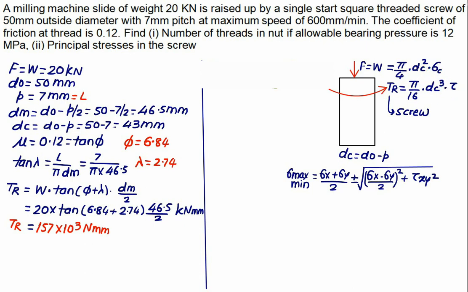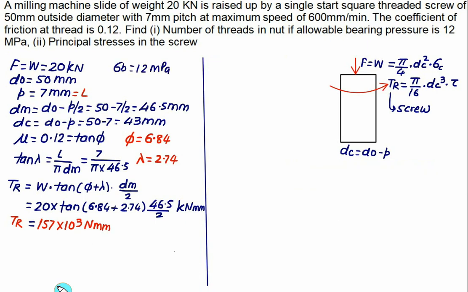But before this, we will calculate the number of threads. To calculate the number of threads engaged, force F is equal to pi into core diameter DC multiplied by the number of threads engaged multiplied by pitch divided by 2 multiplied by the bearing pressure sigma b. Core diameter is 43, pitch is 7, sigma b is 12 and the load is 20.